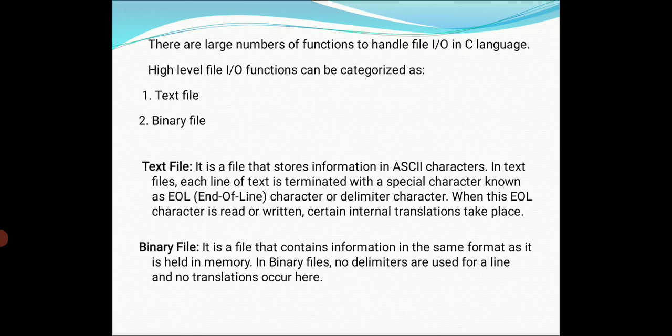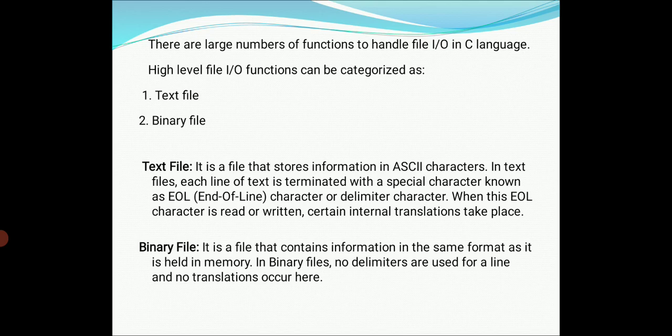We can also call it a delimiter character. This delimiter character is denoted by the symbol semicolon. When this end of line character is read or written, certain internal translations take place so that we can convert the high level to machine level languages.